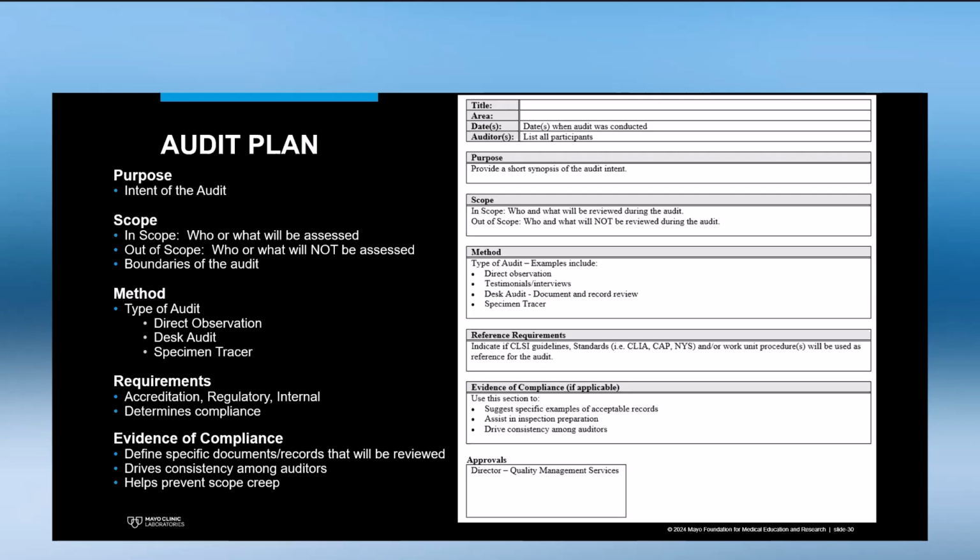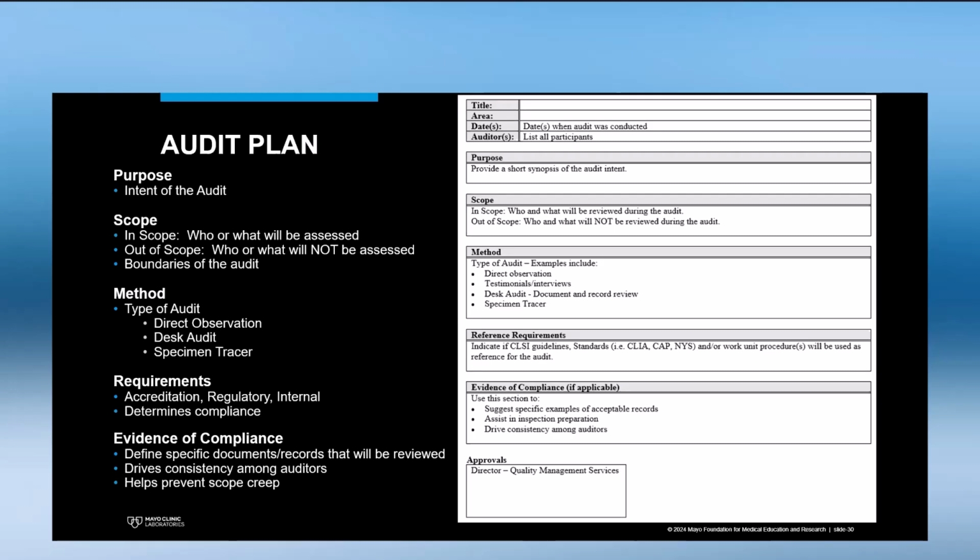So they are walking through that entire path of that test, from the time it was ordered pre-analytically, to the work that was done in the lab, as well as the post-analytic process. So they're looking at that patient's order number throughout the path of workflow. And it's a very, very thorough technique. It can cover a lot of requirements.